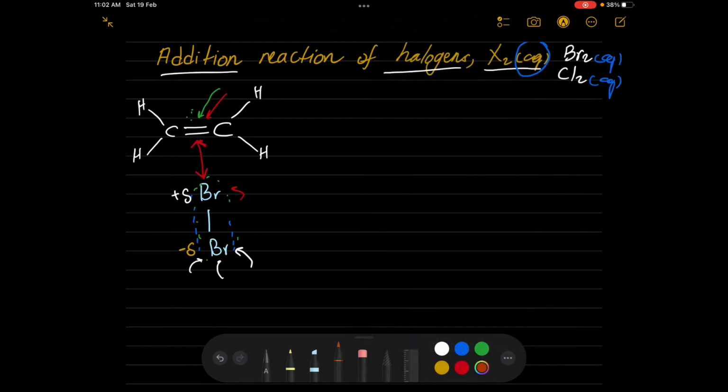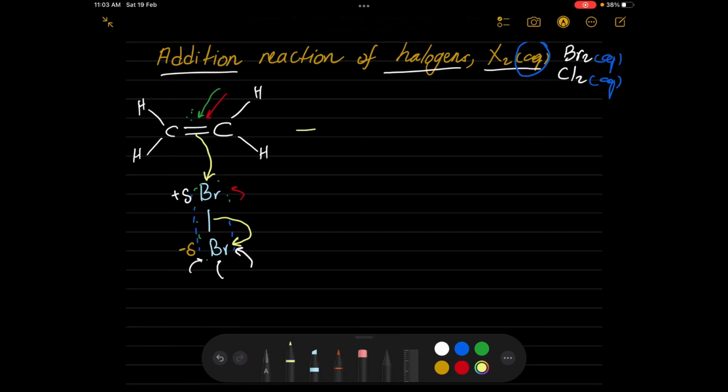Once you have partially positive and partially negative, then the double bond can come and attack this bromine, because this double bond is negatively charged, or let's say contains electron density. Once it attacks one of these bromines, a heterolytic cleavage will occur and the bromine leaves as Br negative.